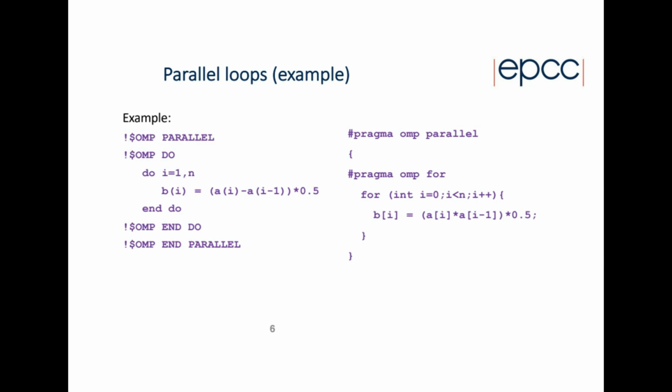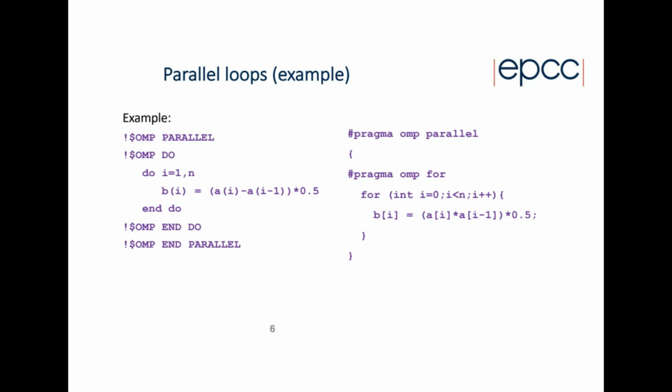Okay, so this means that we have a very nice, straightforward way of parallelizing loops. Think about a loop like this, where we have essentially independent iterations. The calculation of every element of b[i] here is independent of every other one.